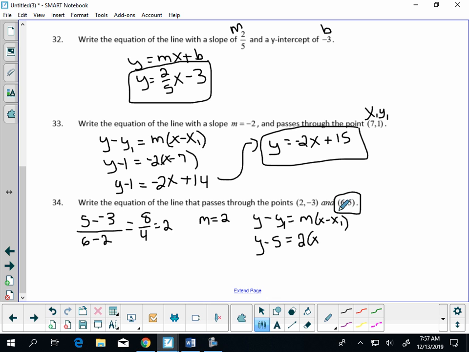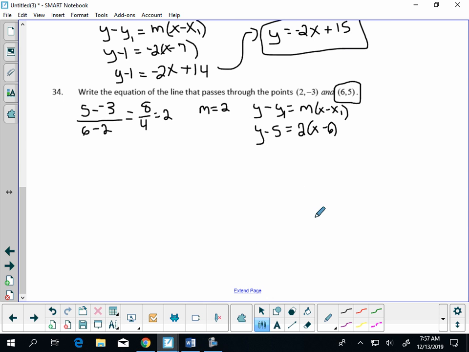My x coordinate that I chose is 6. Let's go ahead and simplify. Y minus 5 equals 2x minus 12. Add 5 to both sides. Y equals 2x minus 7. And again, I just added 5 to both sides.